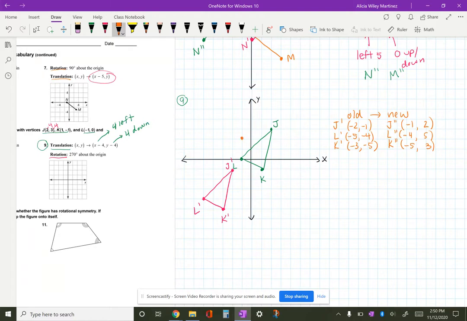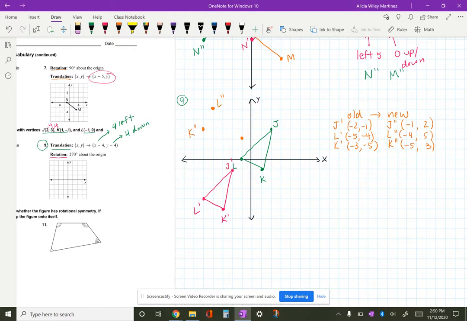So these are my points that I'm going to graph. (-1, 2), there's my J double prime. (-4, 5), left 4, up 1, 2, 3, 4, 5. That's going to be L double prime. And then (-5, 3), left 5, up 1, 2, 3. That's going to be my K double prime.